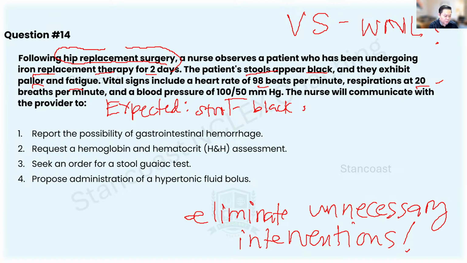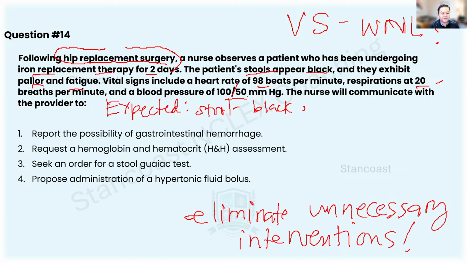BP is low. Are you sure that this is low according to the standards of the new blood pressure guidelines? Do you think that this is low? What is the blood pressure we have? 100/50? Maybe if you're referring to a regular 100/60, but is that very low?